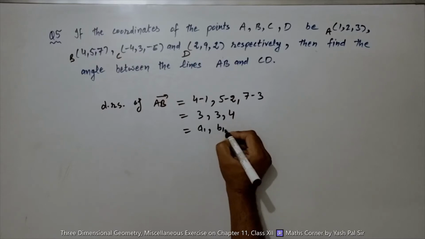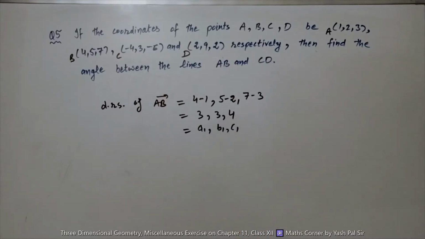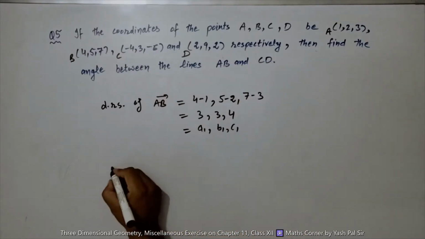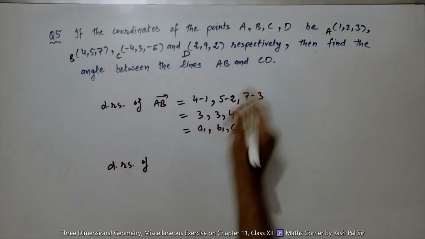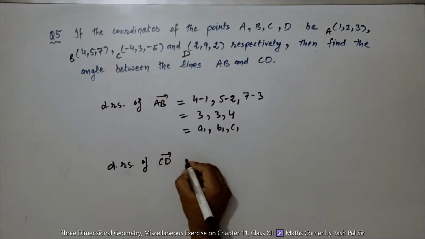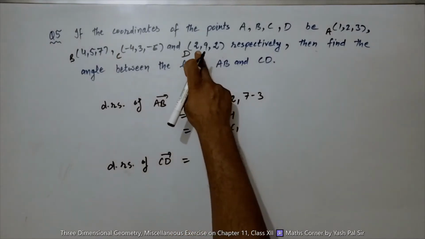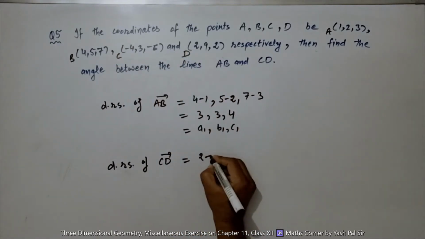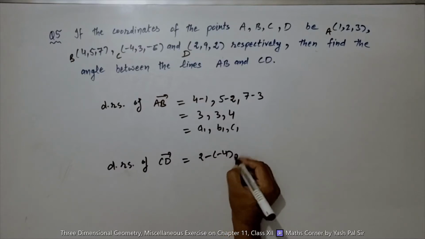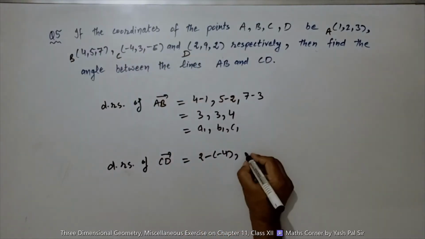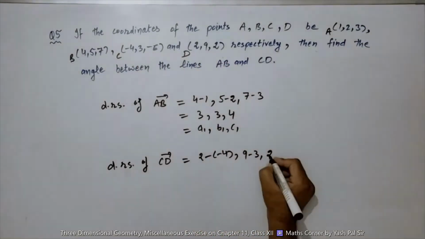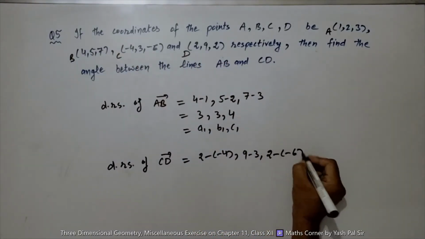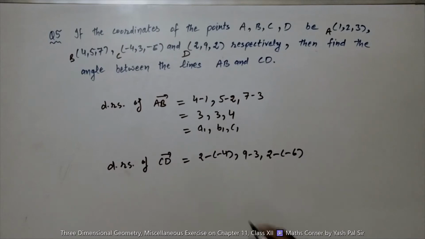We can say A1, B1, C1. Likewise, direction ratios of CD, they are 2 minus 4, comma 9 minus 3, comma 2 minus 6.